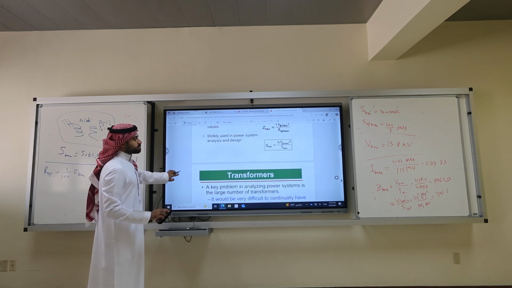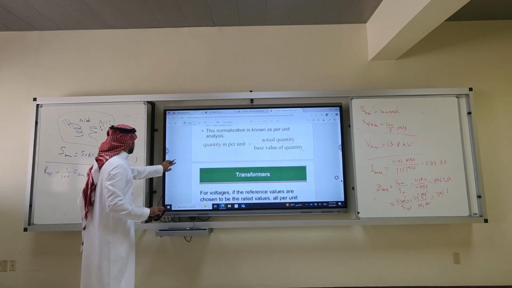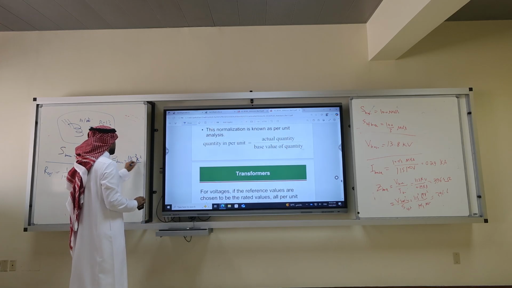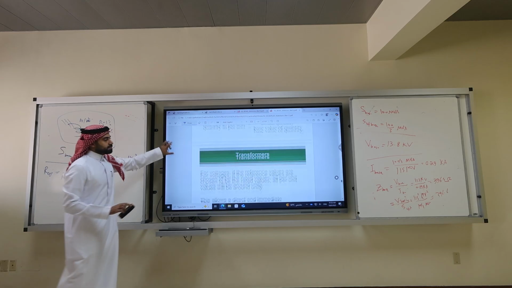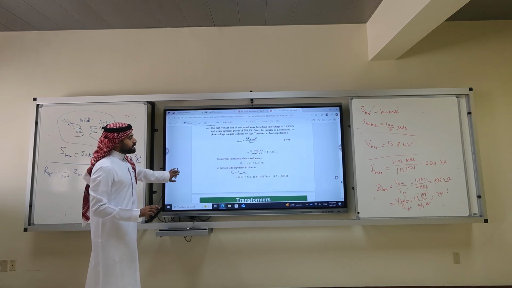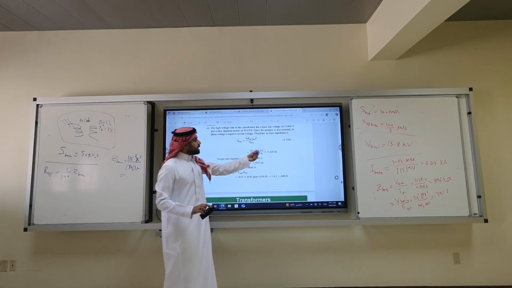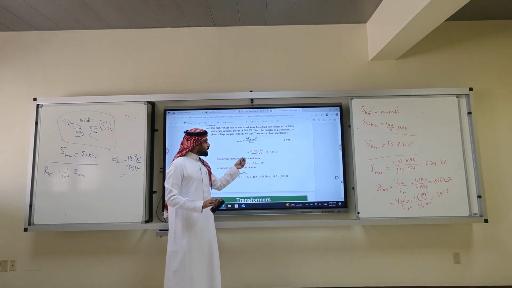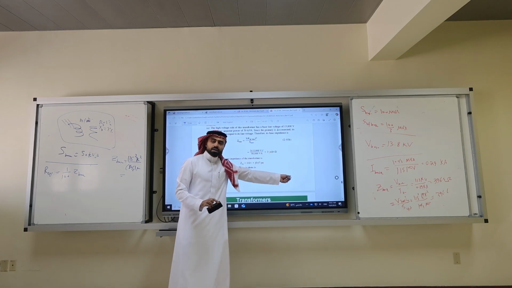V squared over S. Okay. V squared is 115 square kilo square over 50 over 3 MVA. What's the Z base? Z base will be 11,426. Multiply this by 1%, multiply it by 7%, you should get the impedance.